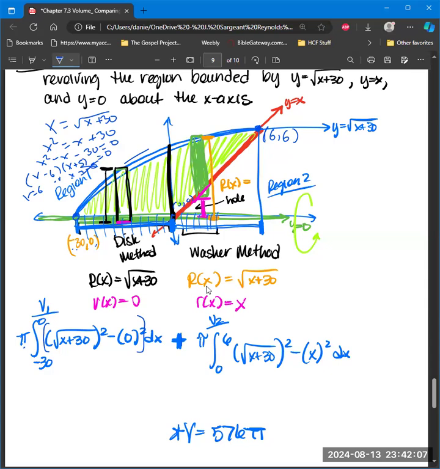And then plus this other area that's going to be over here that's going to make its own volume. Pi is a multiplier from 0 to 6. And we have big R is that function squared minus little r is this area that's getting erased squared.